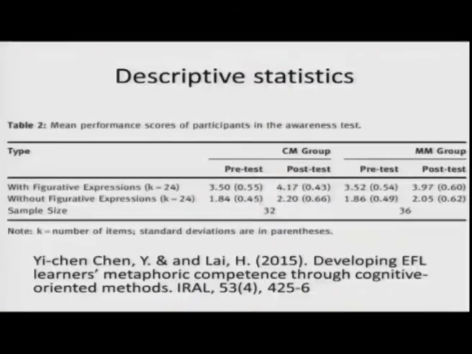This is from a paper, developing EFL learners' metaphoric competence through cognitive oriented methods. There were 2 groups, control group and experimental group. With one group they used cognitive oriented methods, that was the experimental group. If you look at it, there are 2 groups, then there were pre-test and post-test.